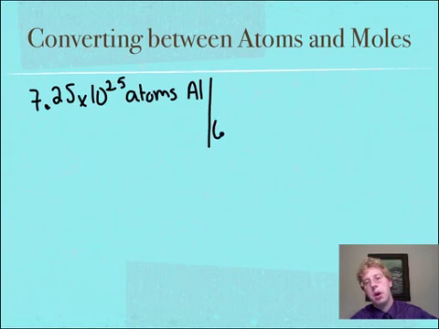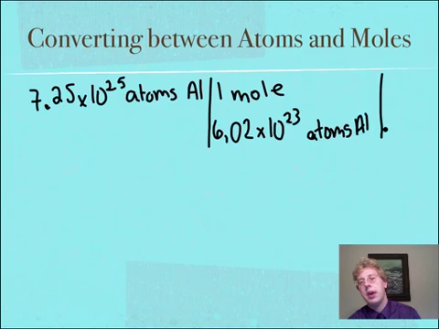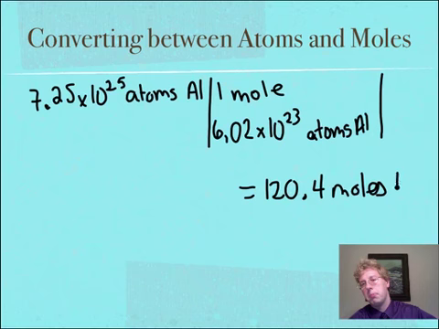And so from before, a mole represents 6.02 times 10 to the 23rd atoms of aluminum, and that's equal to 1 mole. So when I do 7.25 times 10 to the 25 atoms of aluminum and divide that by 6.02 times 10 to the 23rd atoms of aluminum, I get a final answer of 120.4 moles of aluminum.